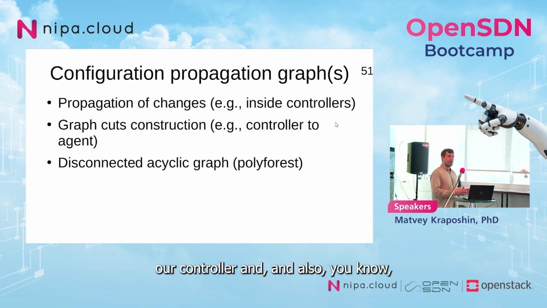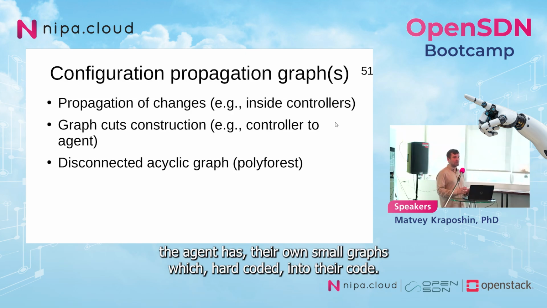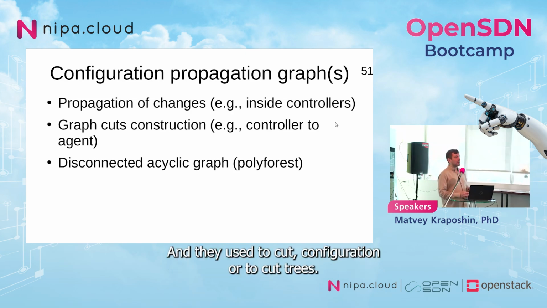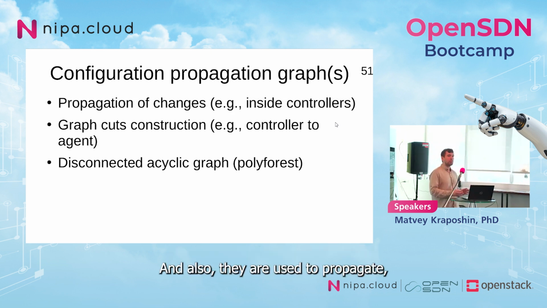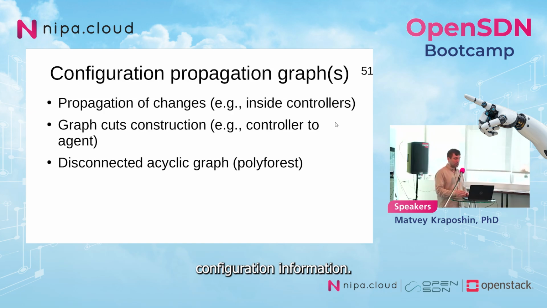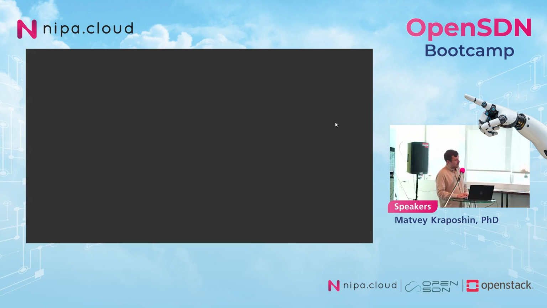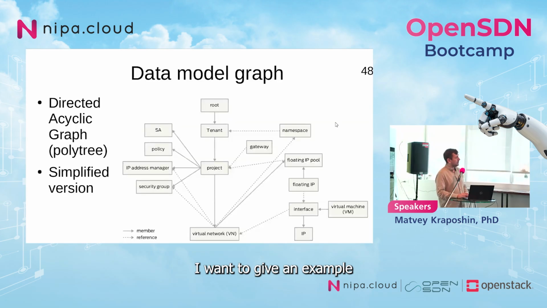Then our controller and also the vRouter agent have their own small graphs, which are hard-coded into their code, and they are used to cut configuration or to cut trees, and also they are used to propagate configuration information. I want to give an example.